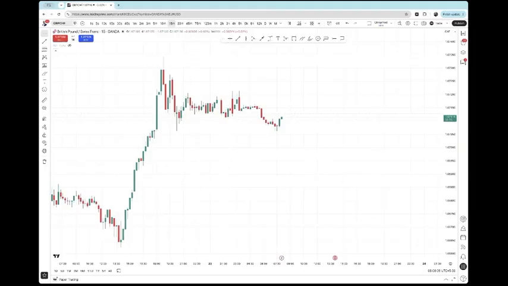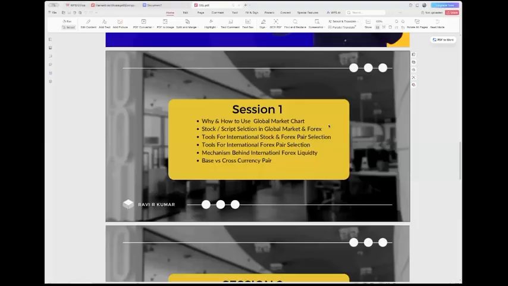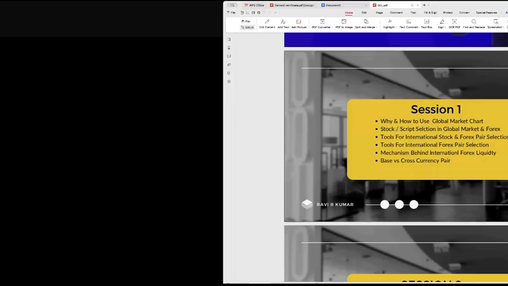The script, we have already focused on this, that is, the tools for international stock and forex pair selection. Sometimes we have to talk about Finviz, sometimes we have to talk about myfxbook.com, and if something more is needed, I will come with it. So the mechanism behind international forex liquidity.